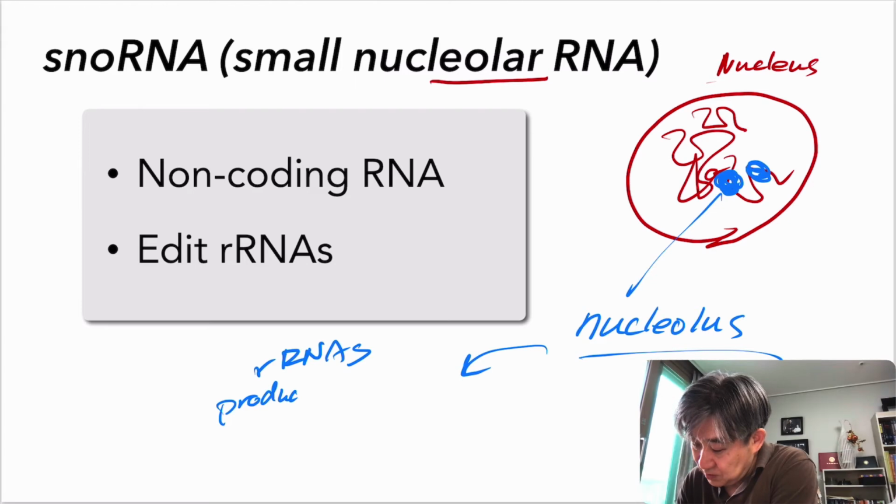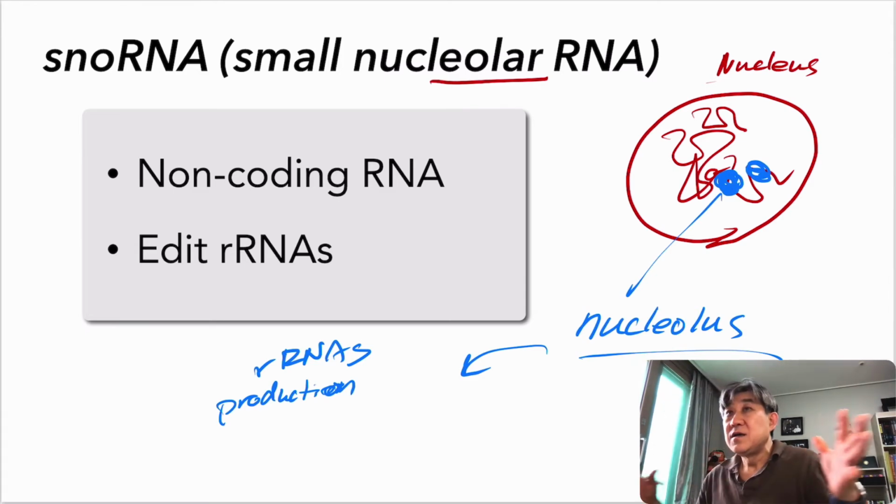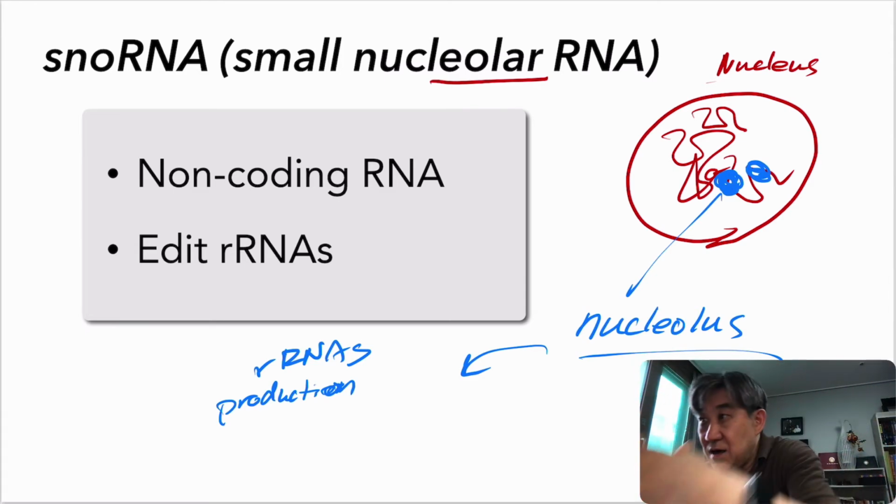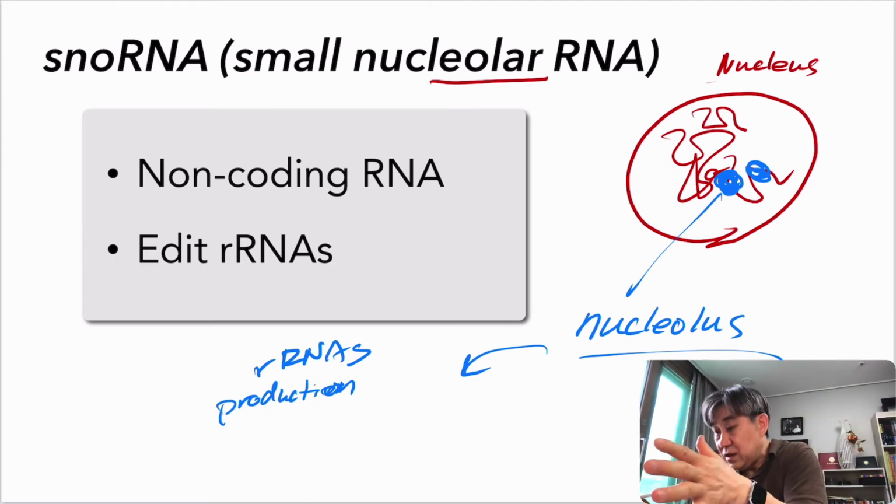What do you mean by ribosomal production? Transcription of ribosomal RNA. In other words, in these areas the ribosomal RNAs are present together in a cluster.